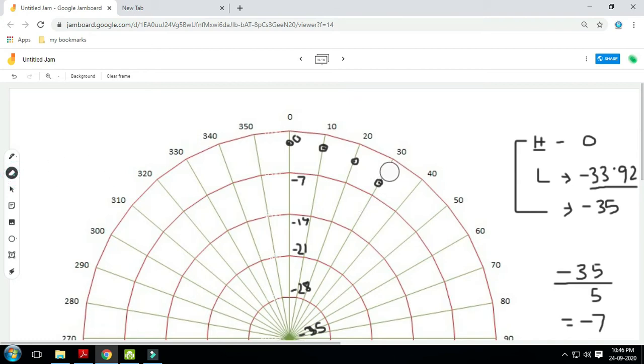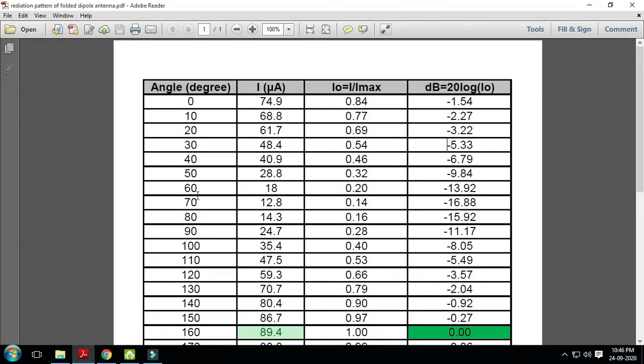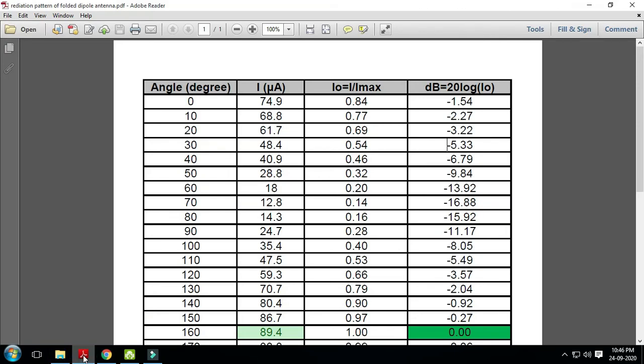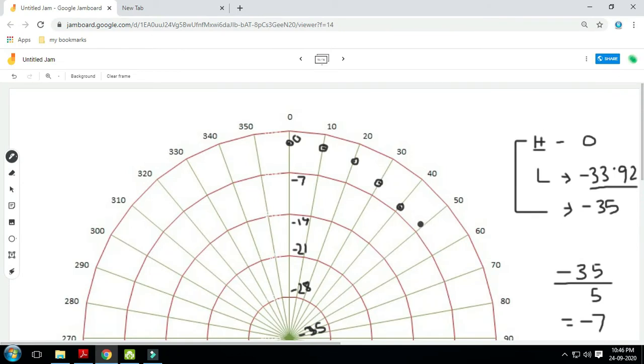So it is done. Now at 40-degree we have minus 6.79. It is close to minus 7, so I put it here. Then at 50-degree we have 9.84. So 9.84 is somewhere between minus 7 and minus 14, so 7, 8, 9, 10 is here.